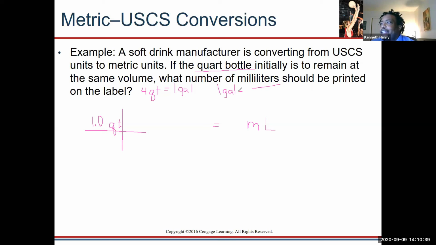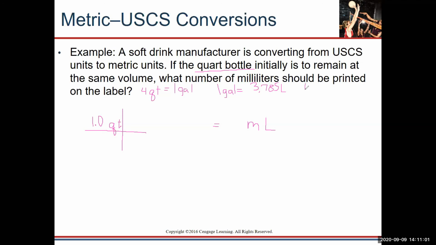So 1 gallon equals 3.785 liters. And how many milliliters are in a liter? 1,000.